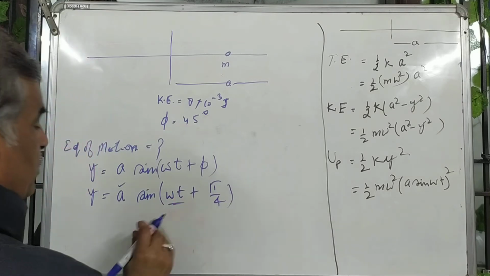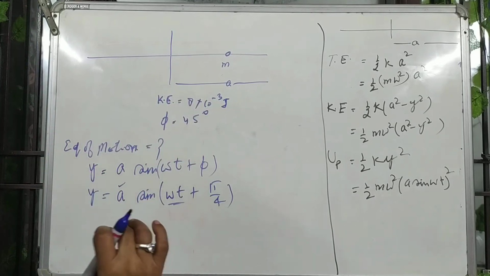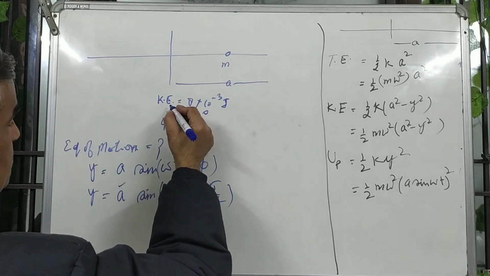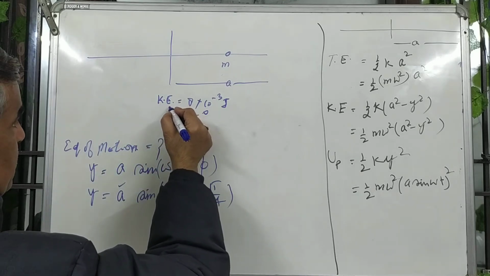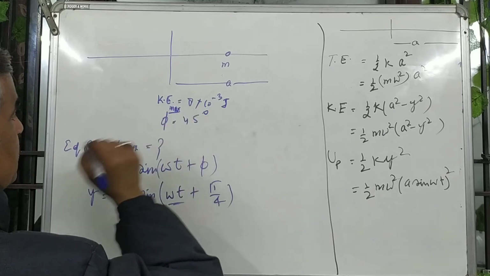It is given that kinetic energy at the mean position is the maximum. Kinetic energy is maximum at the mean position.